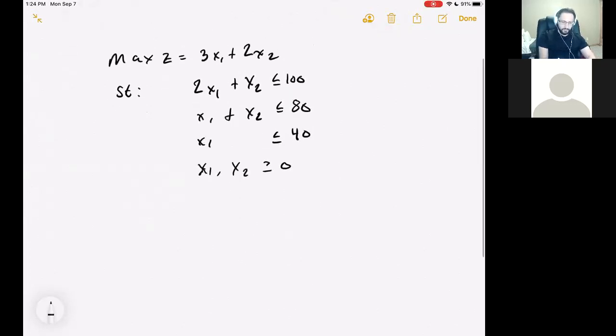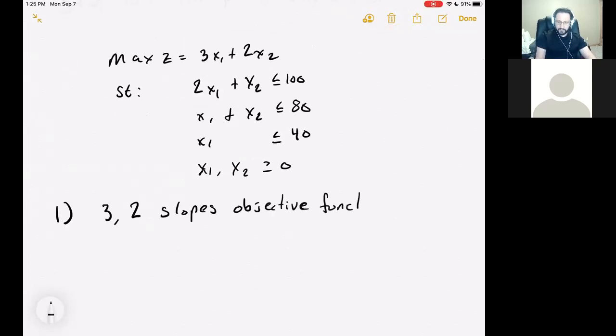So observation number one related to the principles of the simplex method: 3 and 2 are slopes of the objective function. Think back to what you know about slopes all the way from your college algebra days.